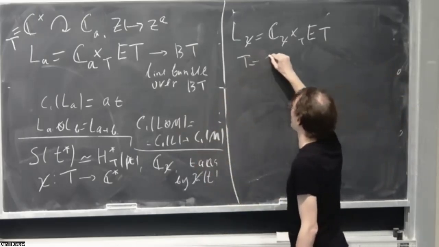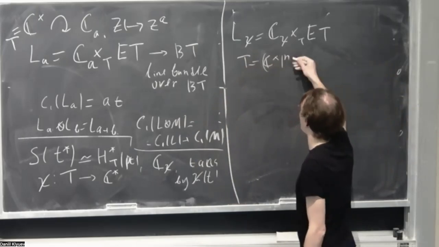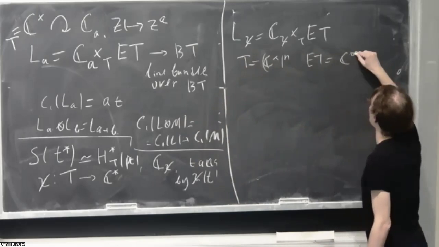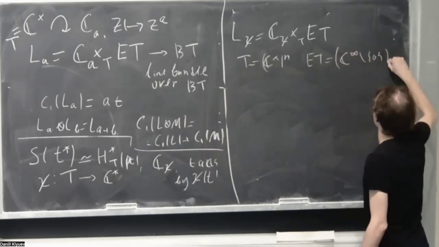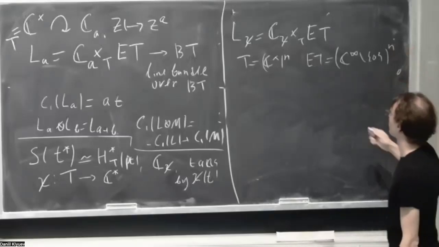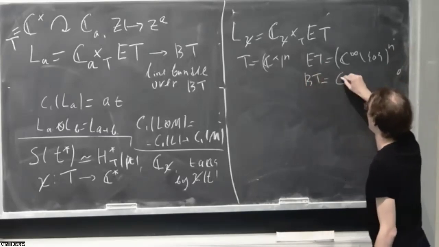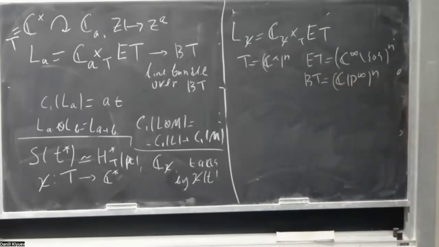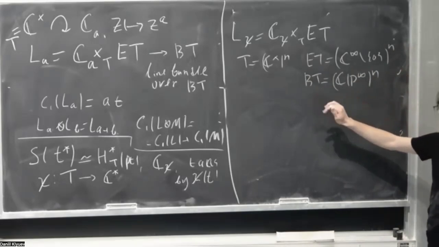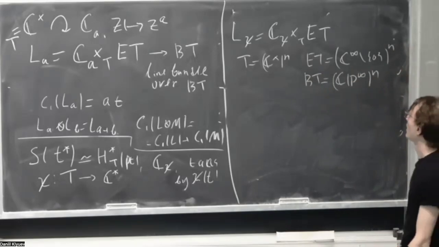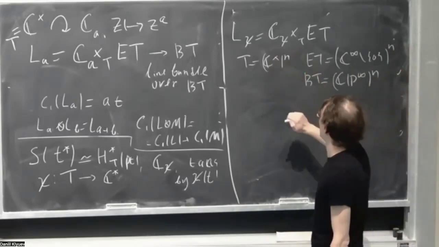So if T is C star to the n, a product of n groups, then ET is a product of several copies, and BT is CP infinity to the n. So using the Künneth formula, you can see that its cohomology is a polynomial ring in n variables, but you can also write it in this nice way using L_chi.